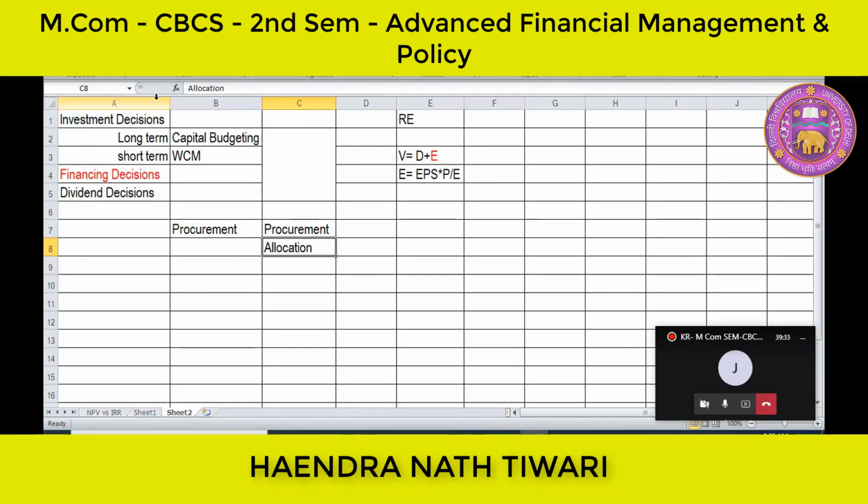This allocation is your investment decision, right? And as manager, you are supposed to take these investment decisions in such a manner that the value for these financiers is actually maximized. And if the value for these people is maximized, the value for the firm will automatically get maximized.